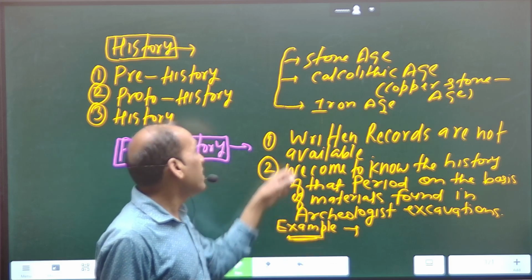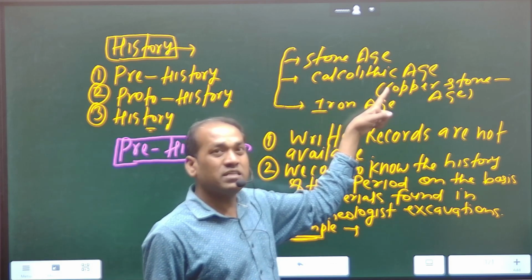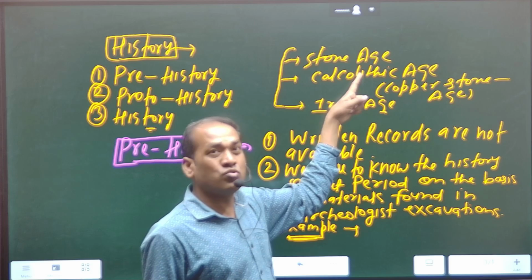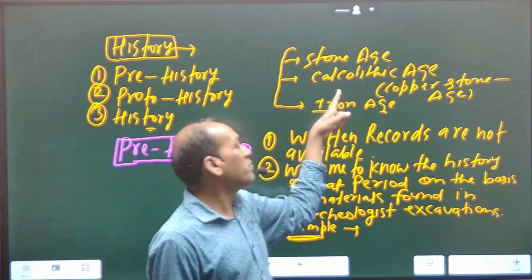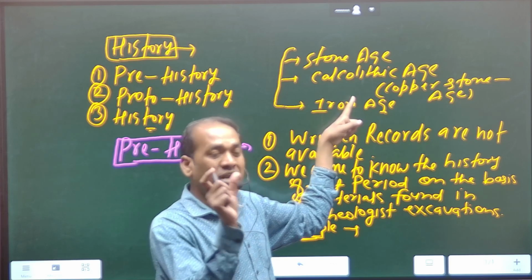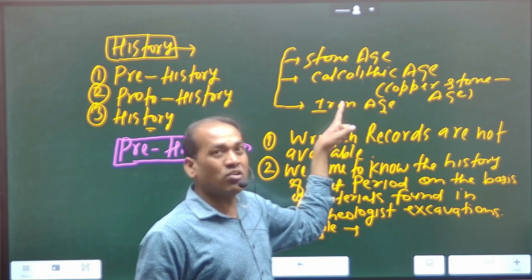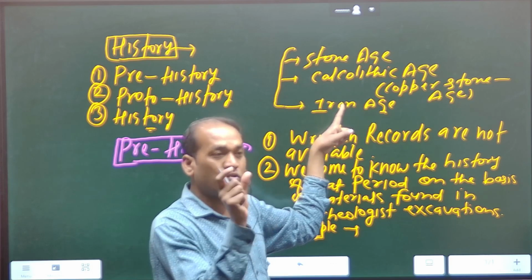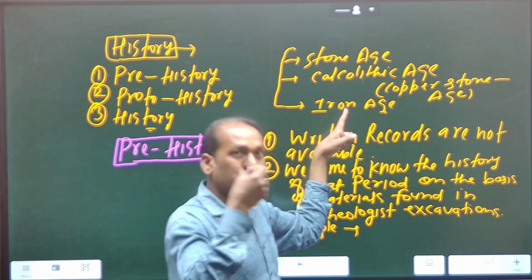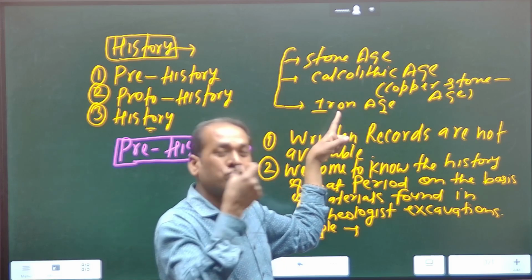Second is Chalcolithic Age. At the end of this Stone Age, people found one metal, and that metal is copper. So along with stone, copper was also used.